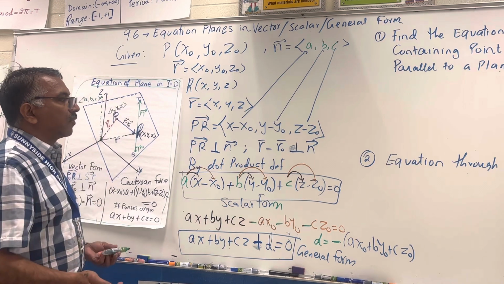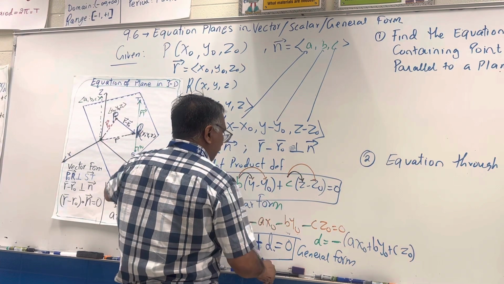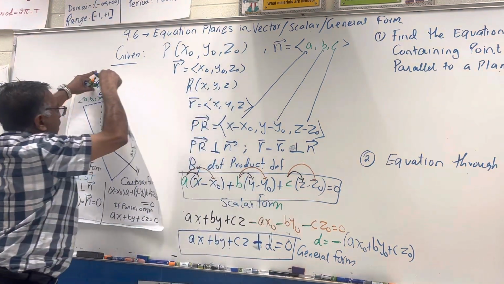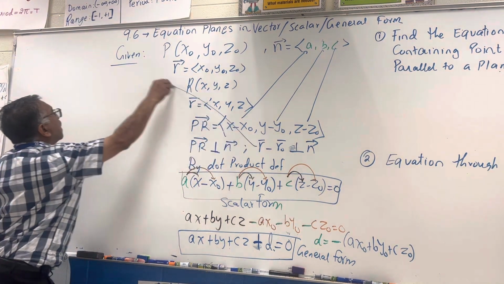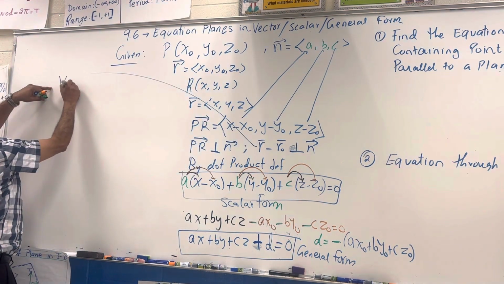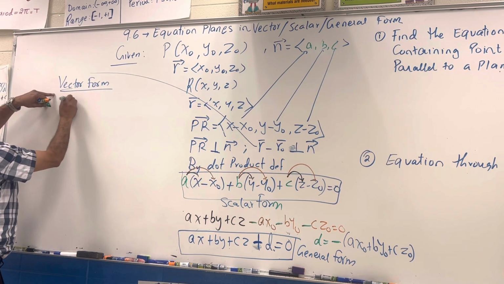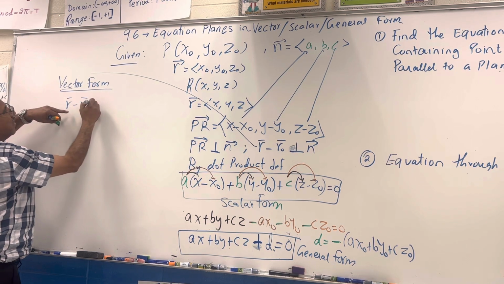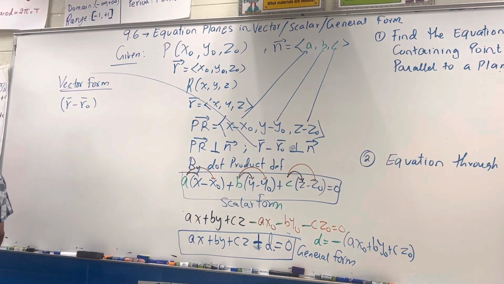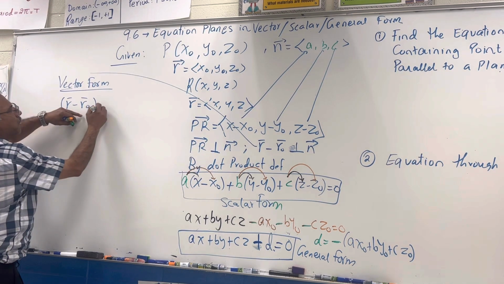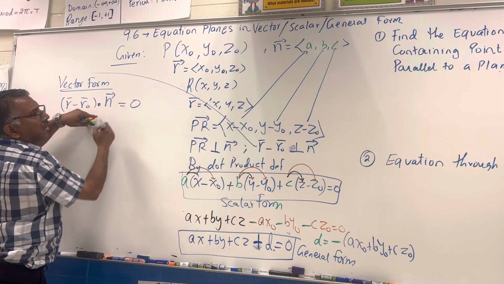And then what is the vector form? The vector form is the same thing here. Let me write the vector form right here. The vector form is r minus r naught, because it's perpendicular, dot n cap equals 0, right?